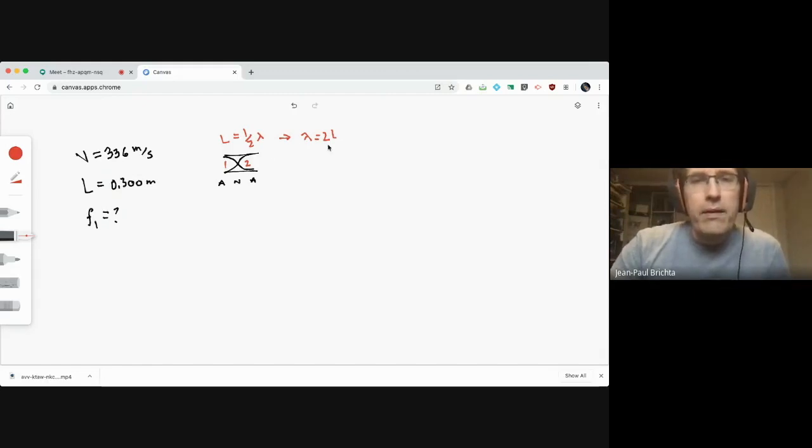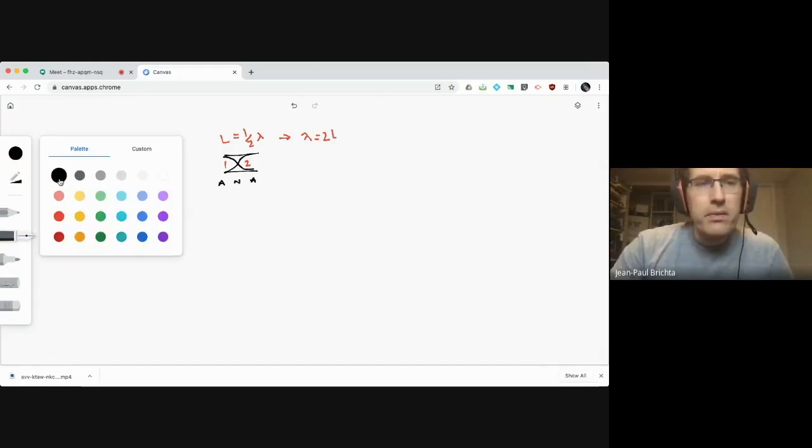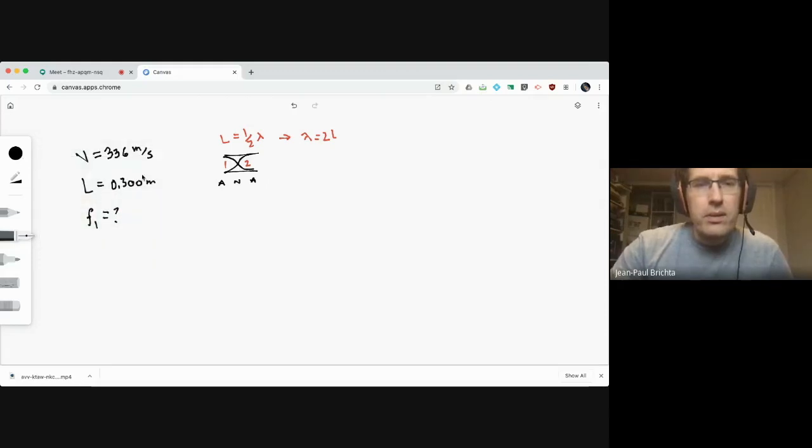And so now I have this mathematical relationship. I know what L is, I know what V is, and I can use my universal wave equation to figure out my frequency. So I'm going to start with the universal wave equation, V equals F lambda. So F, just divide both sides by lambda, so I have V over lambda. But using my earlier result, I actually have V over 2L.